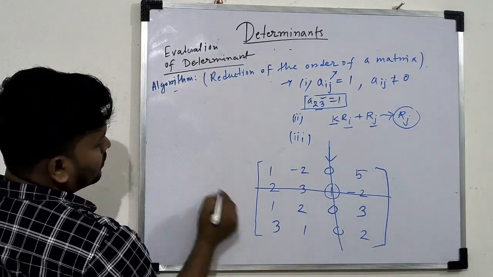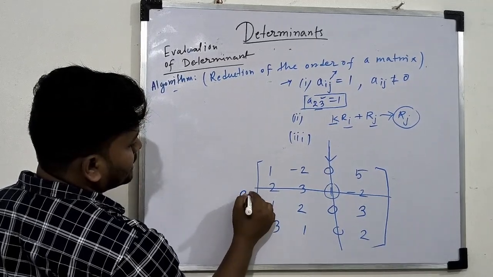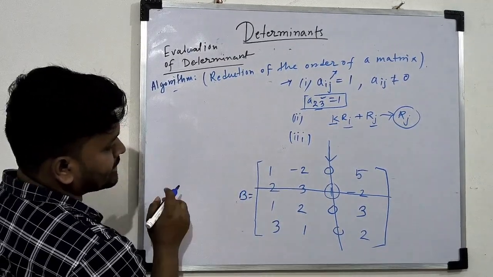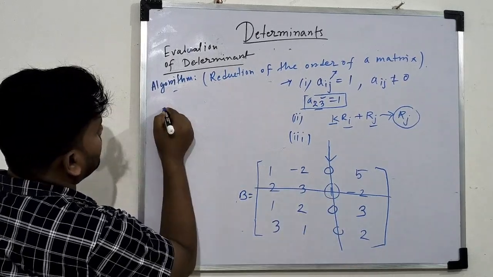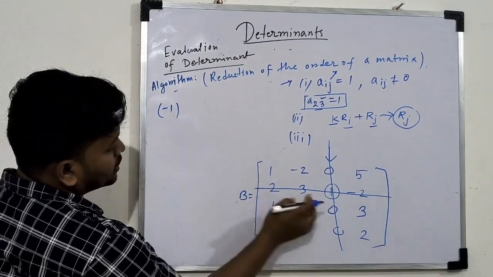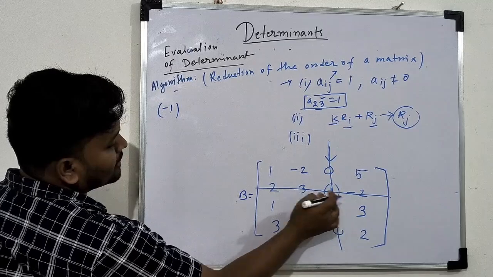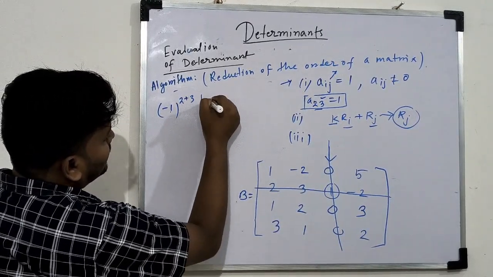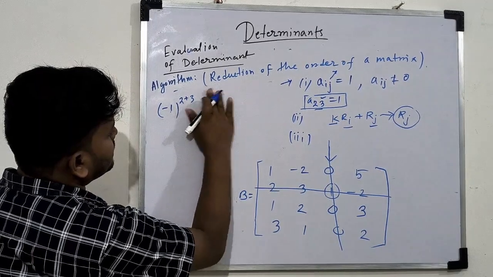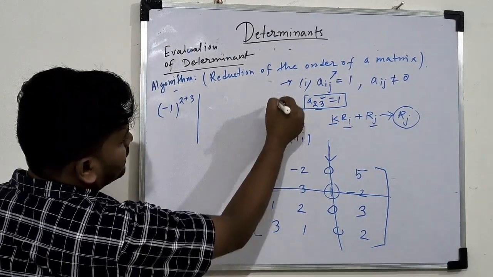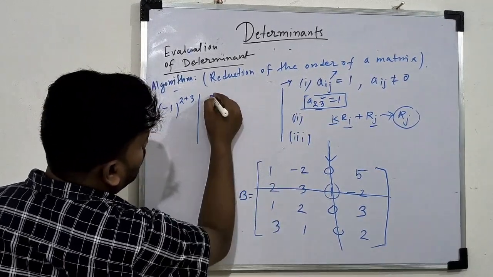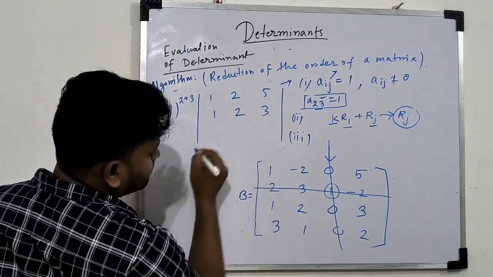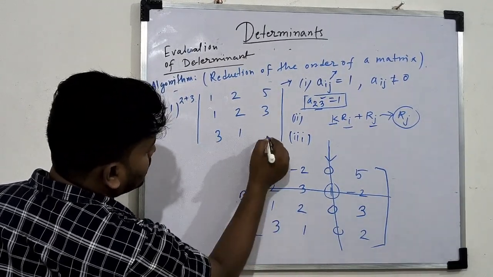So if this is b and the given matrix was a, the determinant of b is, with respect to this, minus 1 to the power i plus j, that is the 2 3 element, second row third column. So this will be 2 plus 3, and the determinant of b is this third order matrix, that is 1 minus 2 5, 1 2 3, 3 1 2.